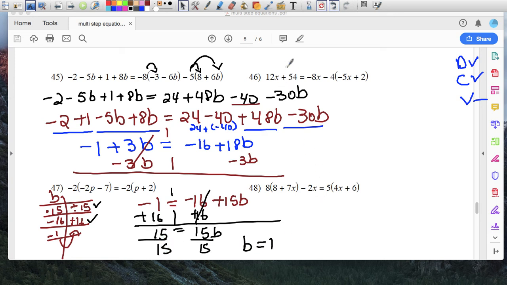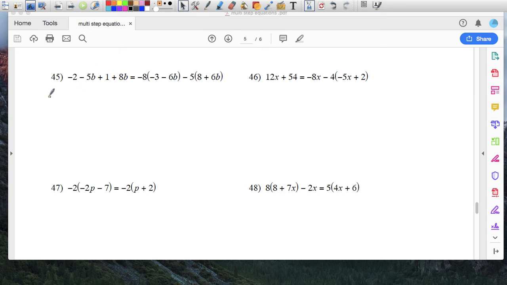Wow! And our check is going to be a little long, but okay. So b equals 1, remember that number. Everywhere I see a b, I'm going to replace it with 1. Ugh. 5 times 1 plus 8 times 1 plus 6 times 1. I'll make a comment after I do this, that we could have used another equation to check.